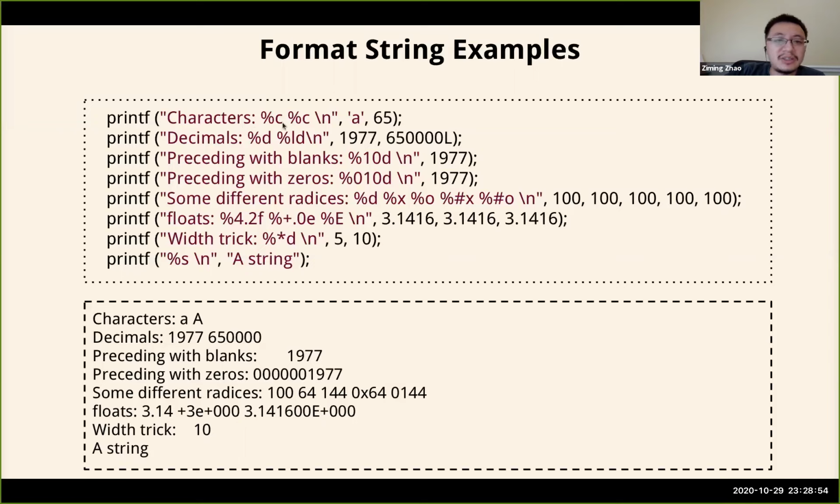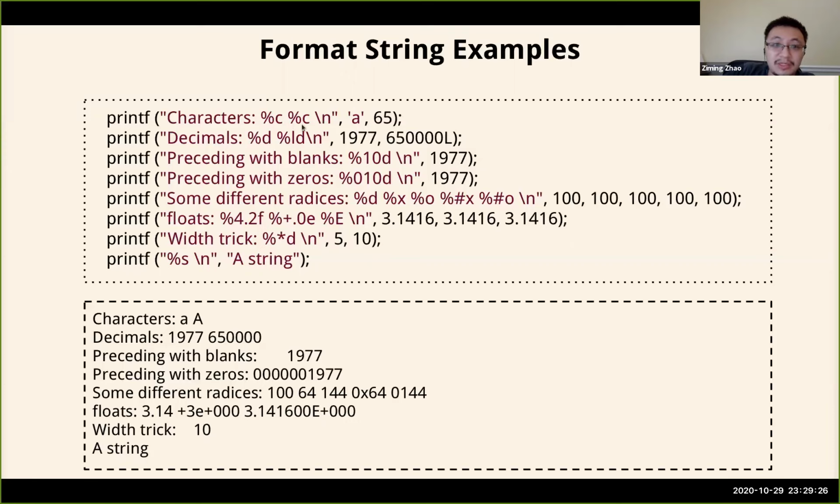Then there's a percentage C. Then the function printf knows, oh, I should look for the next argument and use that argument as a character. That's what percentage C means. So even though here the percentage C substring itself has 2 characters, 2 bytes, it will be replaced with something that is only 1 byte, which is the character A. After that, there is a white space, so it will faithfully print that out.